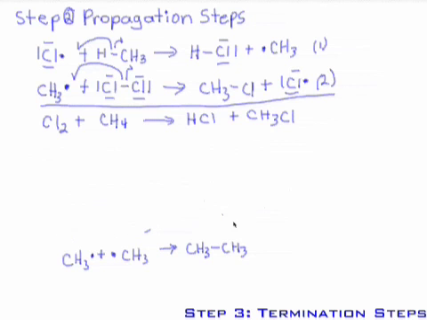Think about what happens as a reaction progresses. Initially, we have large amounts of methane and chlorine. The chlorine is split with ultraviolet light, producing tiny amounts of chlorine radical, and the reaction starts. You get HCl, methyl dot, and you start producing methyl chloride. Initially in the reaction, the concentration of methyl chloride is extremely low.